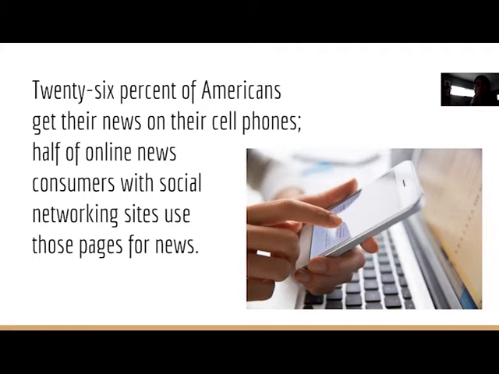It's all from what's happening on their phone. And half of online news comes from places like social media. But the problem with that is some social media sites aren't verified. Or if you follow someone on Twitter, sometimes they don't have the most accurate information. But regardless, 26% of Americans get their information from cell phones.